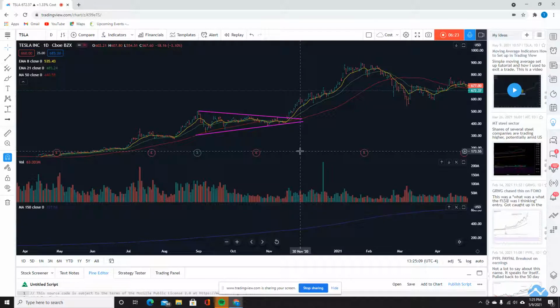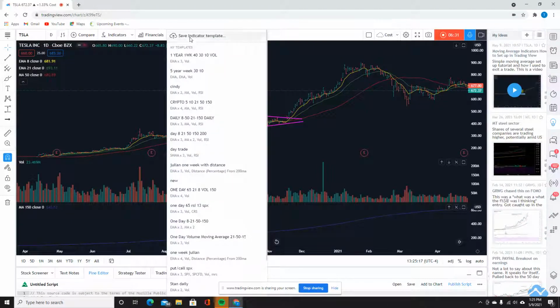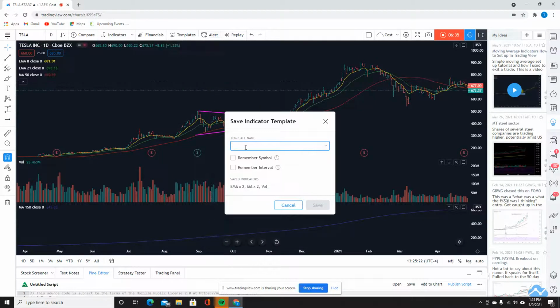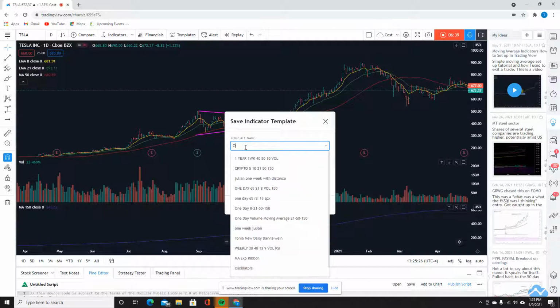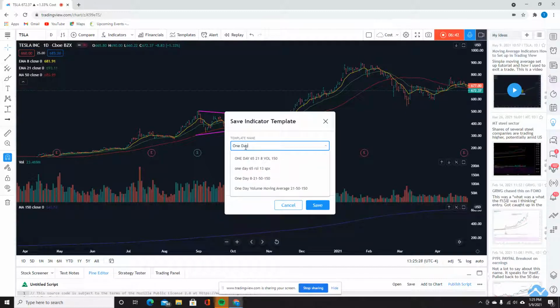Now, one more thing is you want to save this as a template. As I showed in my last video, you click on templates and you want to say save indicator template. And so we are going to save this indicator template as a 1 day. And that means that each one of these bars represent 1 day.